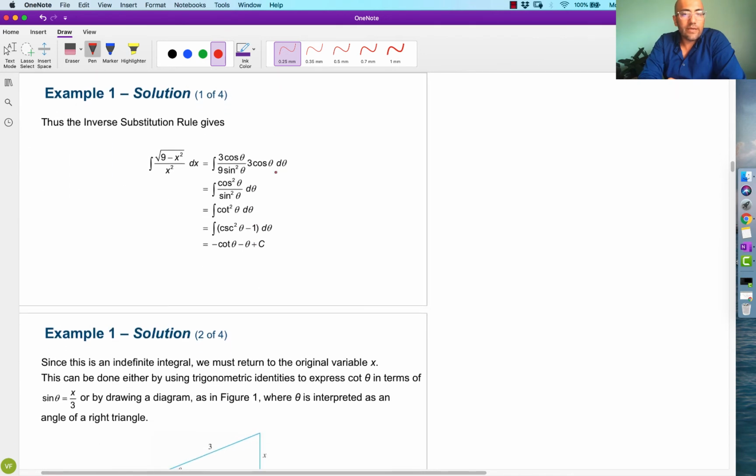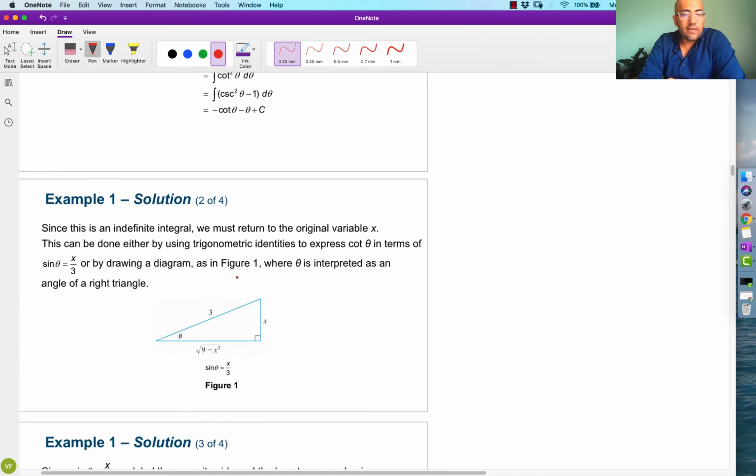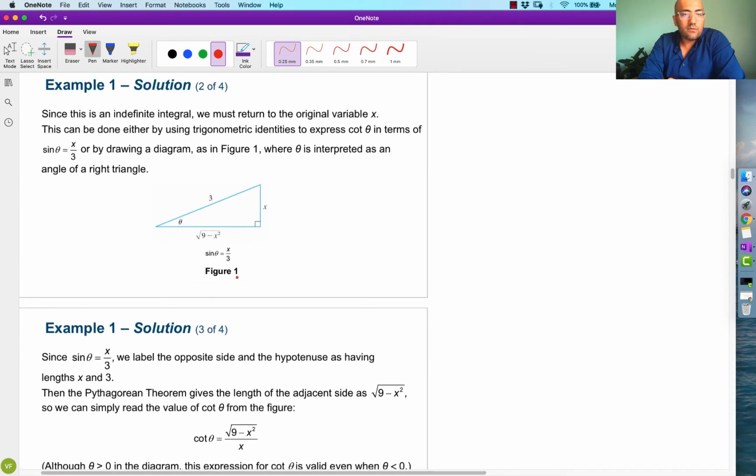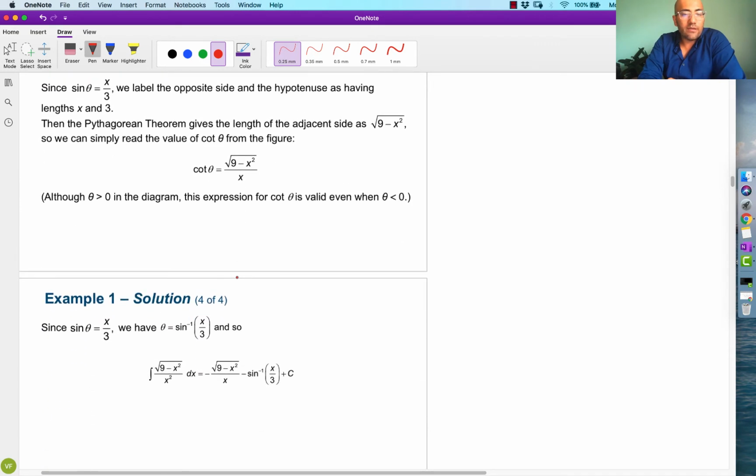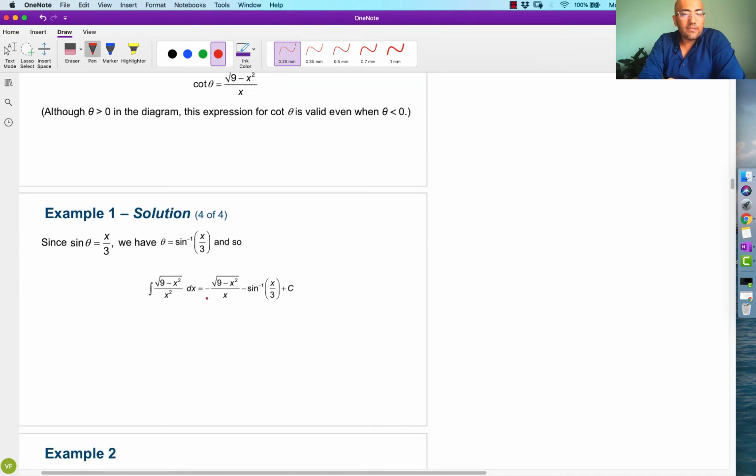Replacing all of it, we get to the same thing, cotangent of theta. Replacing that gives you this. And then a triangle, same as what I did. And then we can replace each part of it and end up with the same answer I got.